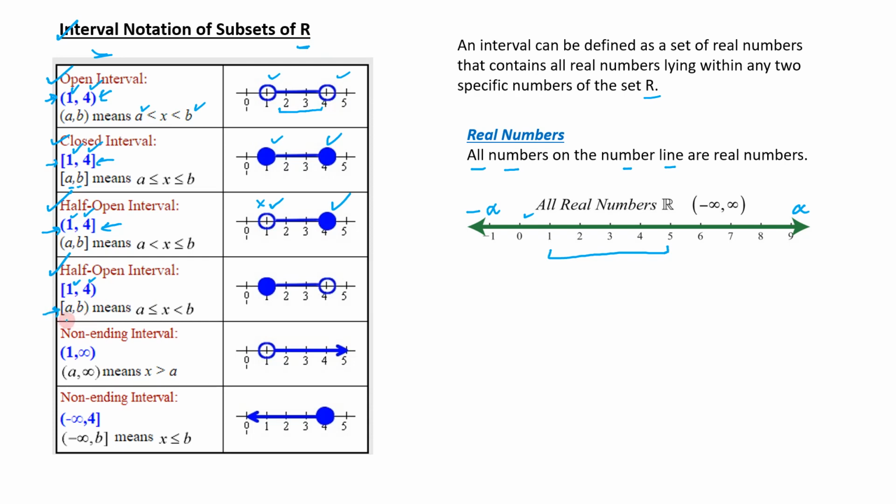We are using a square bracket on the left side and a simple bracket on the right side, meaning that this interval is a right half open interval. Here we have x is greater than or equal to a but less than b.